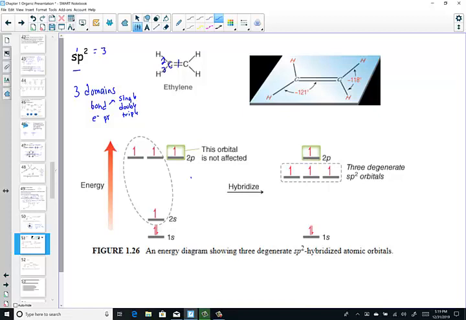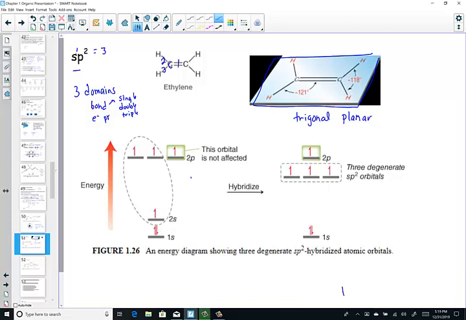And this is the key. sp2, in terms of its molecular geometry, is known as trigonal planar. It lies flat on a piece of paper. All lies in the same plane. This is so critical for organic mechanism that the carbon itself and the hydrogens leading out to the next carbon and its hydrogens are all in the same plane.